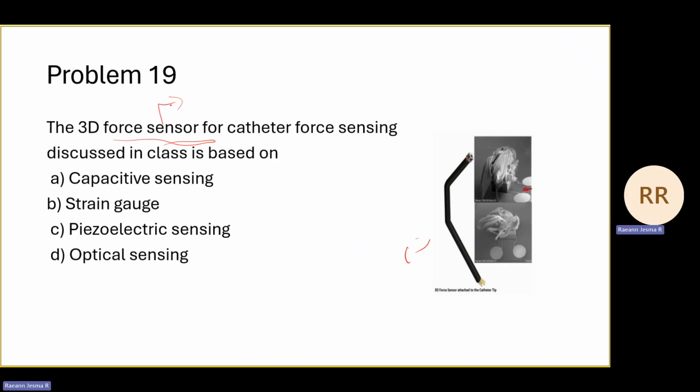Force sensor is converting force into some sort of electrical signal that we want to measure. So what kind of mechanism are we using to measure the electrical signal? It's a direct question. The correct answer is option B, strain gauge.